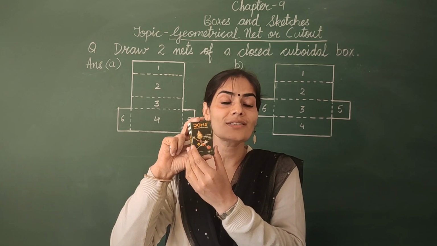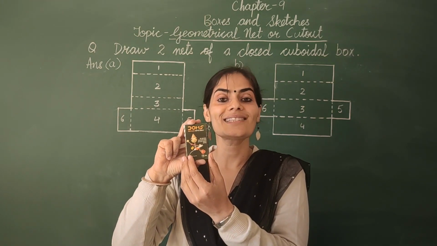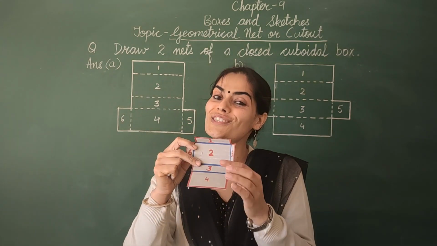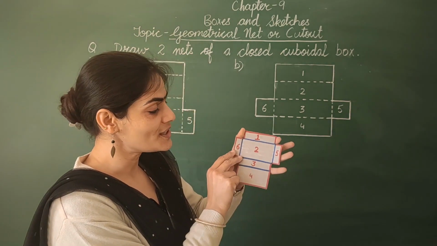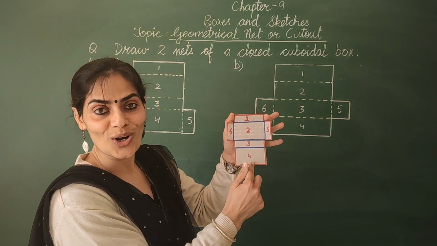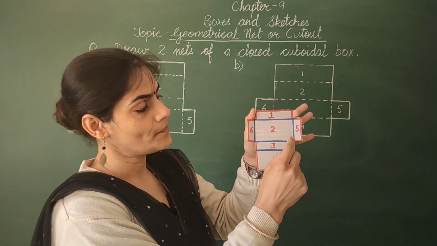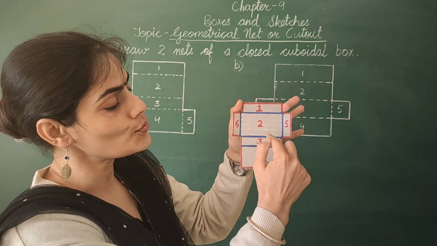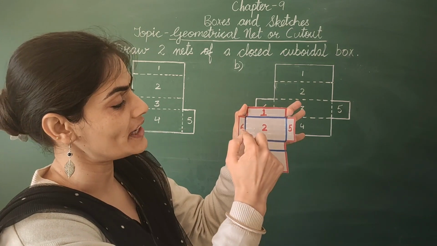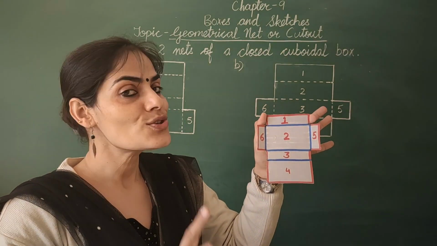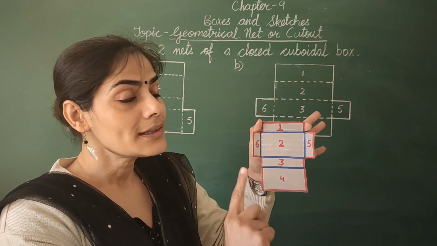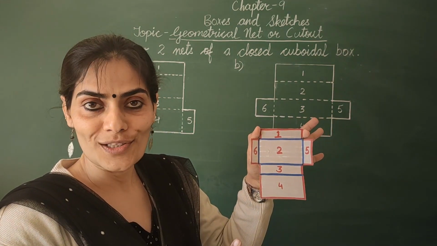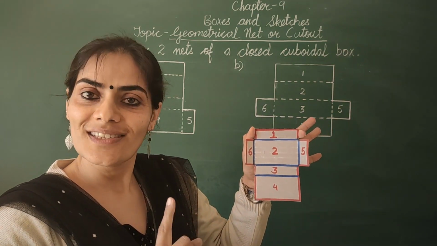Now, this is the cutout of the same cuboidal box. What do you observe? That it has got 6 faces. This is face 1, 2, 3, 4, 5 and 6. So, the first condition is fulfilled, that the net of a closed cuboidal box should have 6 faces.